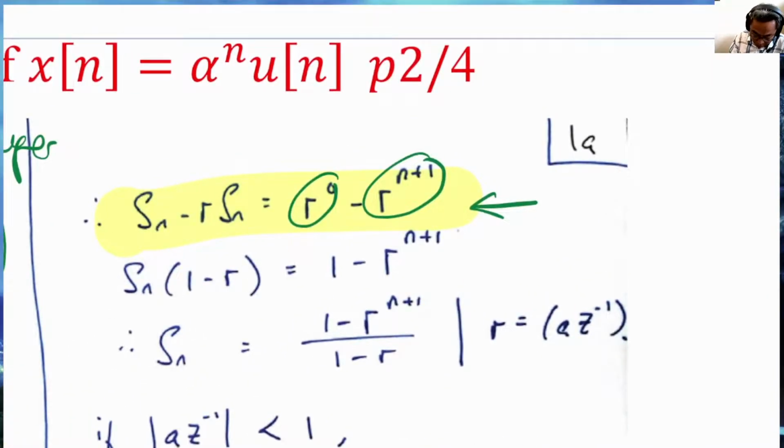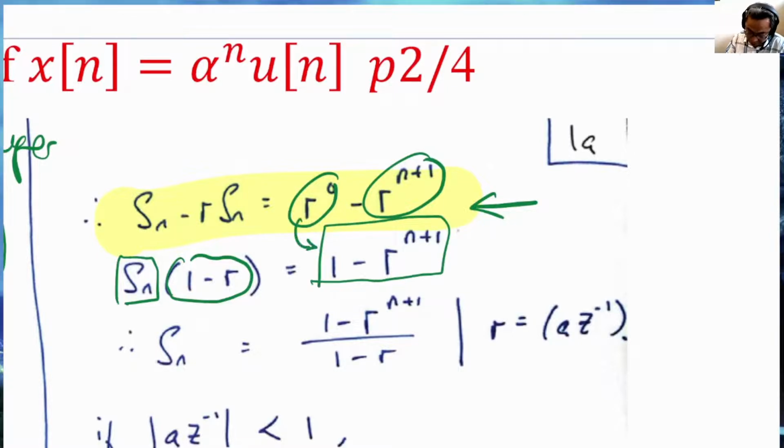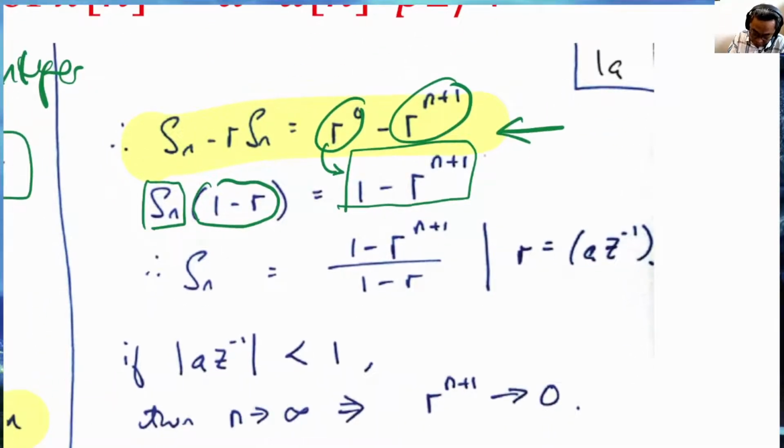We now can collect S_n outside, and we have 1 minus r^(n+1), because r to the power 0 is 1. Now we can shift this term into the denominator on the right hand side, giving us this equation here. Now what is interesting is that we are still left with this term.